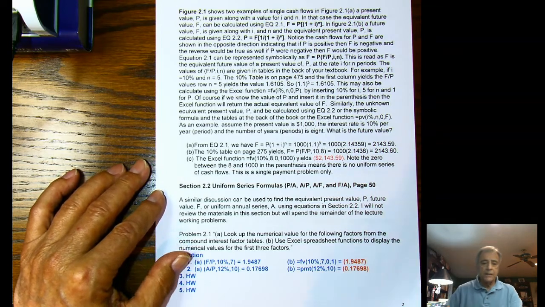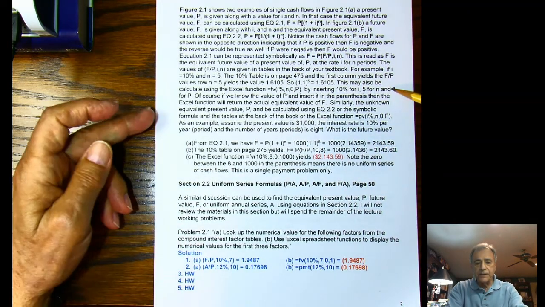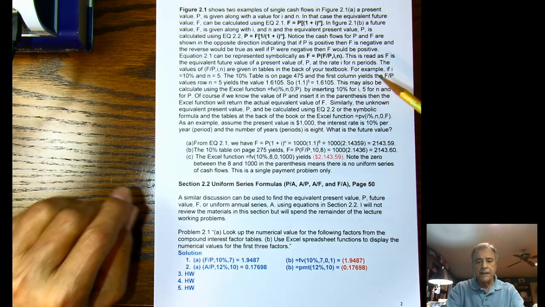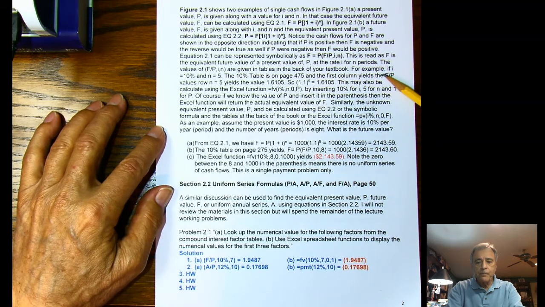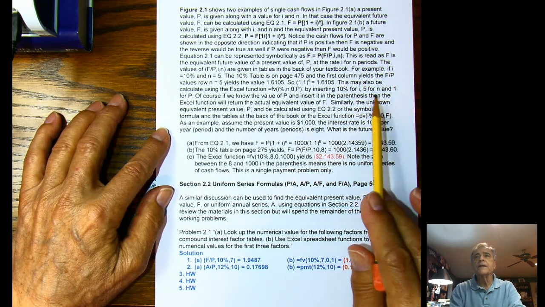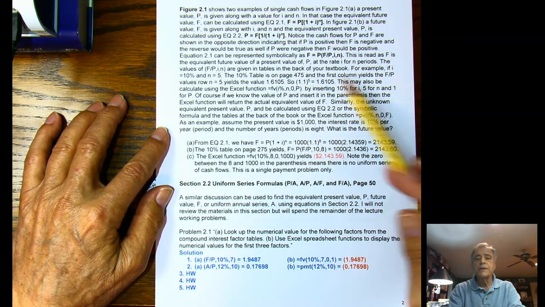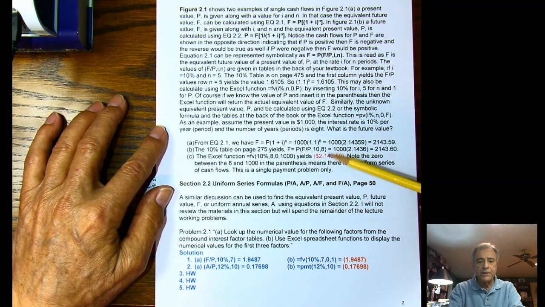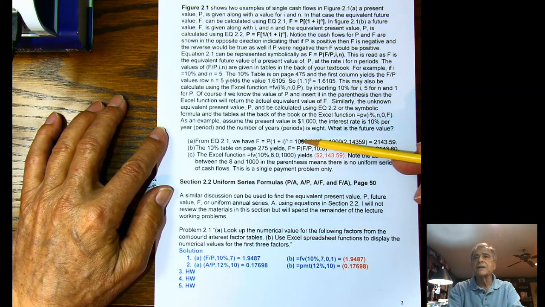So the next thing I do talk about is I give an example, and the example is if you have an interest rate of 10% and your number of periods is 5 periods, then what would be the future value of $1,000 at the present time?